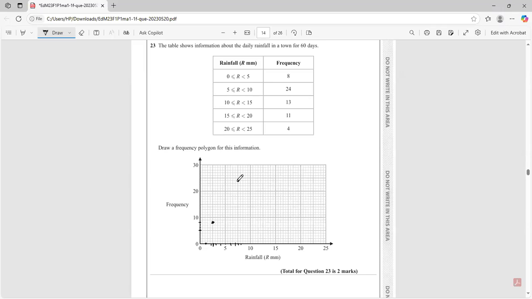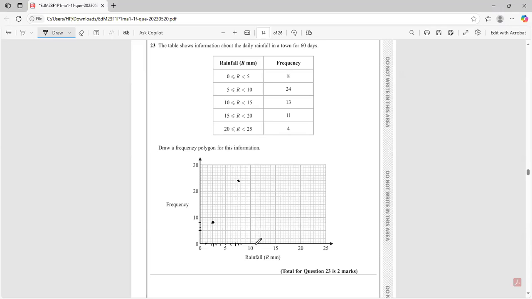Okay, are we good? Moving on. 15 plus 10 is 25. 25 divided by 2 is 12.5. 12.5 against 13.